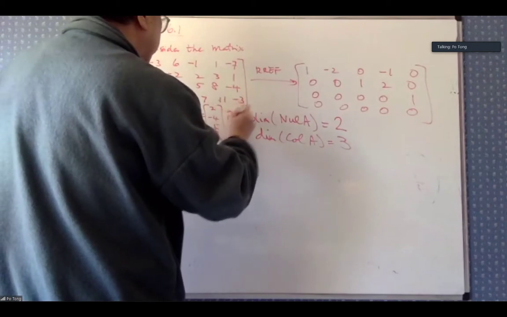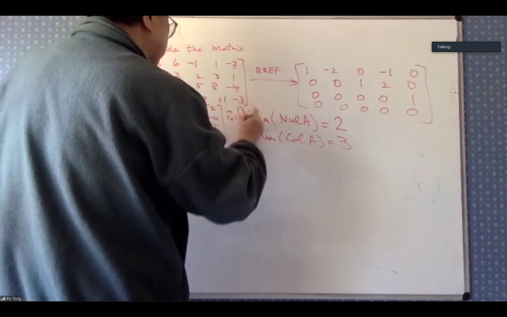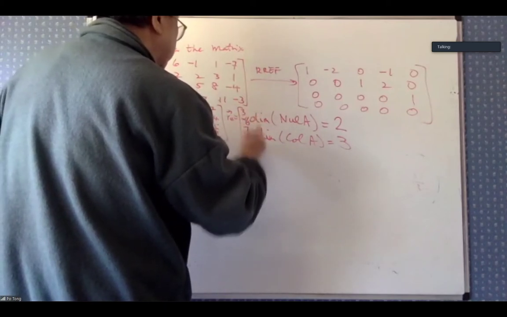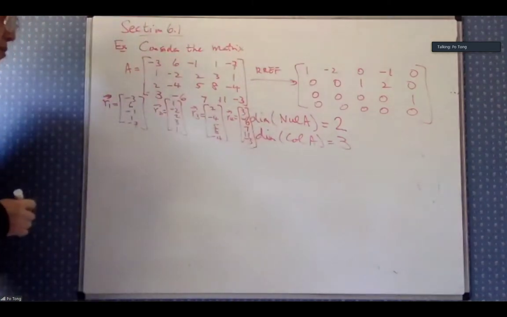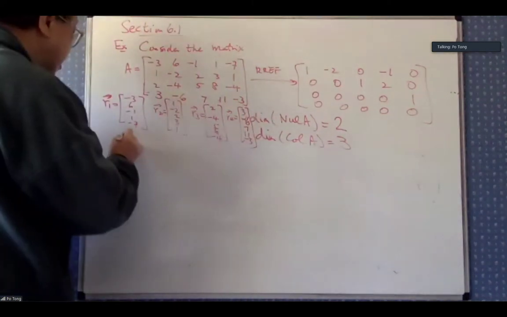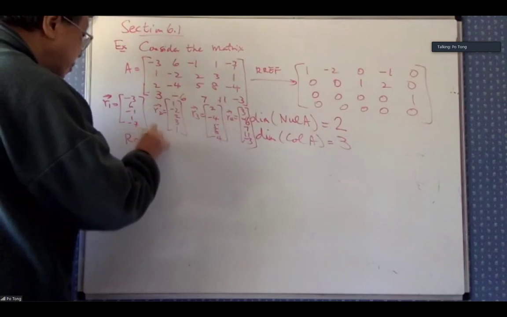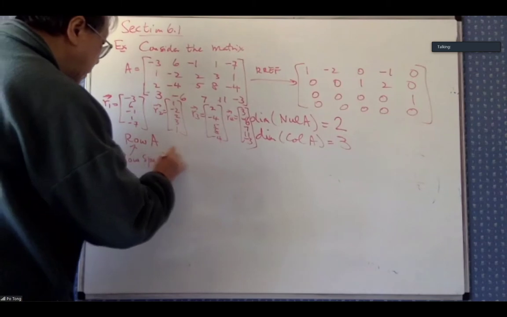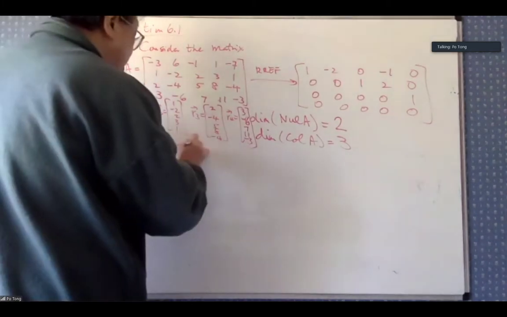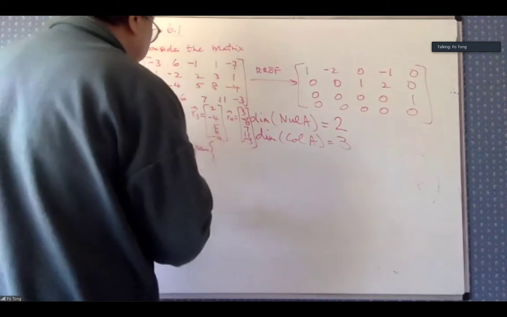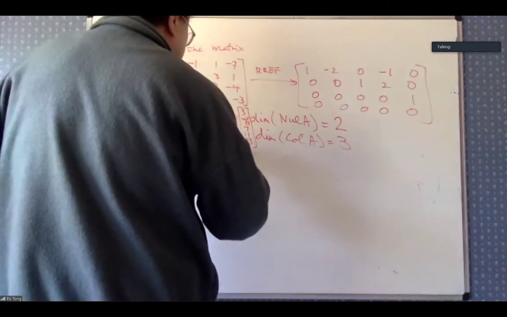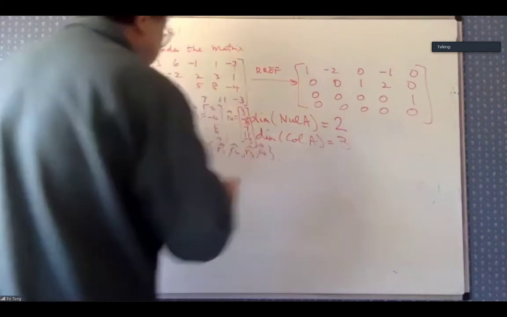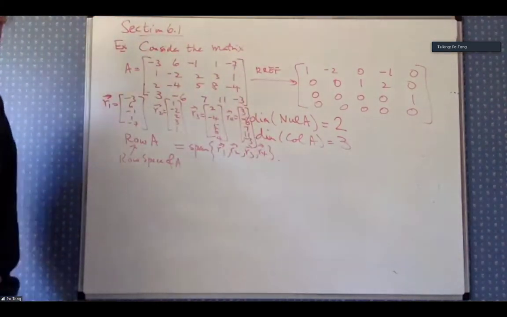R4 will be the fourth row. The row space of A will be equal to the span of all the rows.